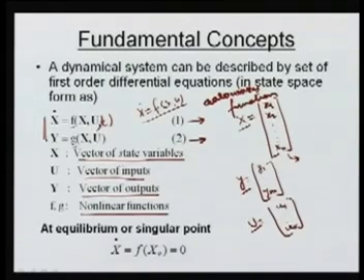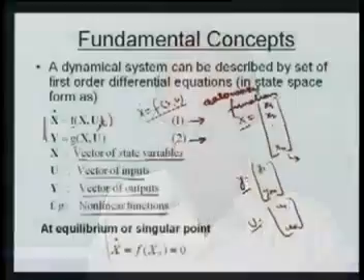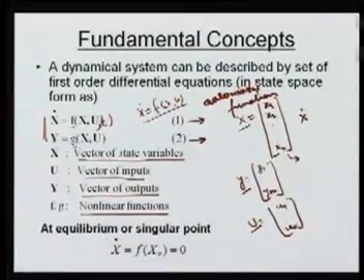From this equation we can get the equilibrium or singular point, and that can be obtained by putting x dot equal to 0, means all the derivatives of the state variables, and again this derivative is with respect to time. So x dot is nothing but d/dt of x. If it is 0 for all the states, then it is called the singular point or equilibrium point.